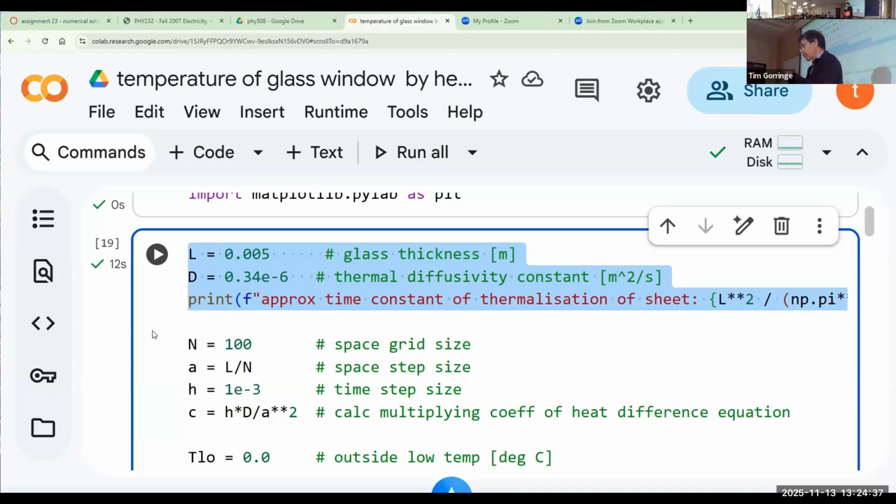If that number is small, that would be an insulator, and the heat would flow more slowly. So we need to specify the thermal diffusivity of glass. I had looked that up, I think. I have put in this number here. That's in meters squared per second. That's the units of the diffusivity.